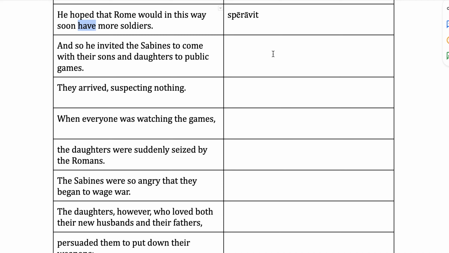And it's going to be a future infinitive because it's a hope for the future. So first of all, we put Rome, which is Roma, into the accusative, so Romam. And then we also have in this way as well, which in Latin is sic. So we could put that before Romam if we want.